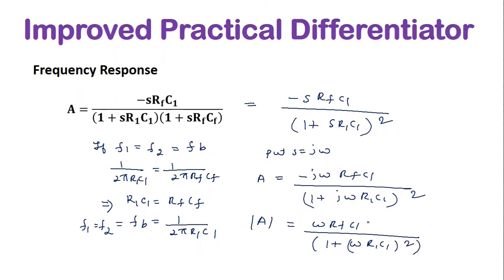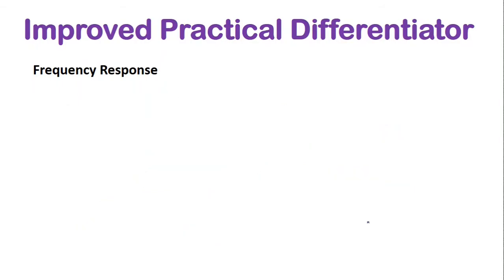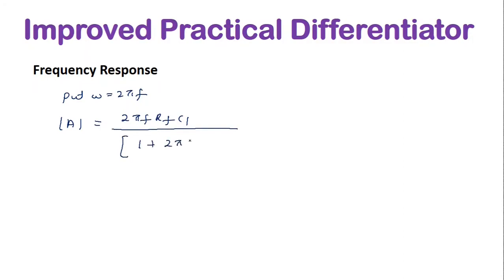Now we put omega is equal to 2 pi f in this equation. We will get magnitude of gain is equal to 2 pi f RF C1 divided by 1 plus 2 pi f R1 C1 whole square. This is the equation of magnitude of gain we are getting when both the corner frequencies are equal to one value, that is fb.